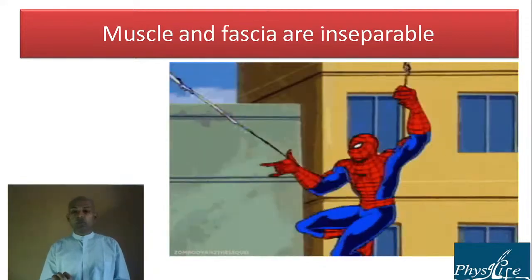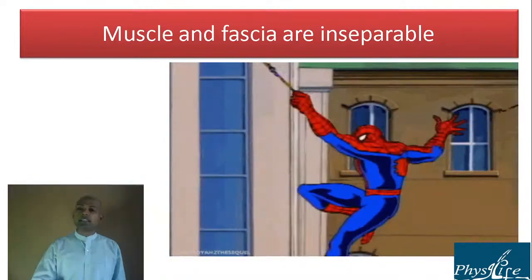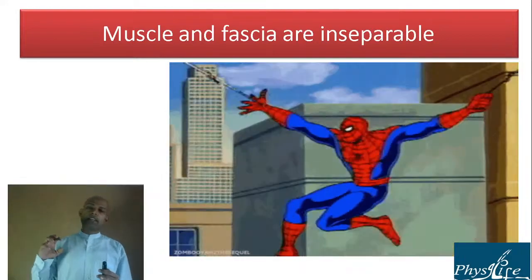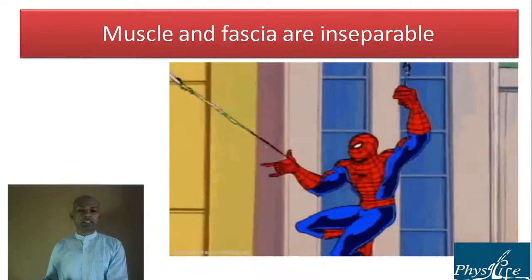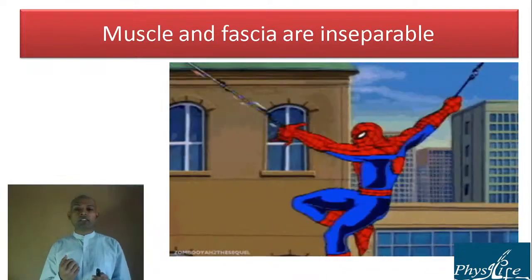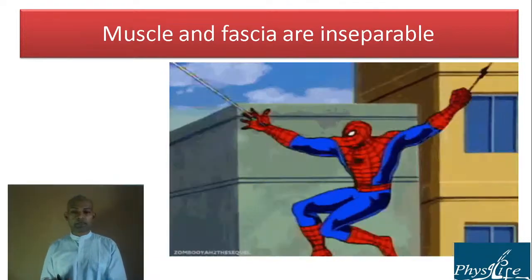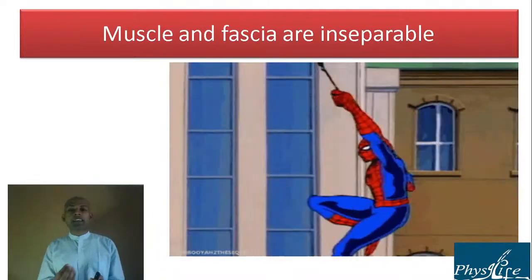Now, when we studied the musculoskeletal system of the human body, traditionally in anatomy we gave a lot of emphasis to the bone, joint and muscle. Fascia we did not historically give too much importance. When we opened the anatomy book, we studied a little bit of fascia here and there.